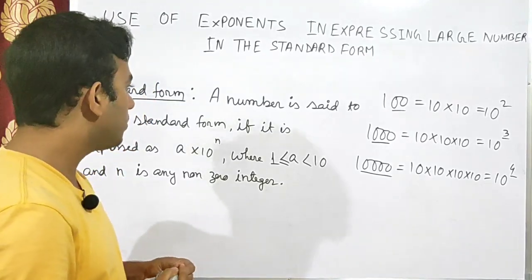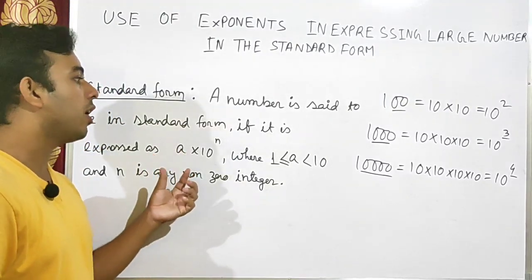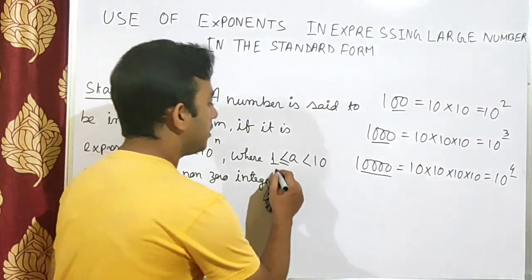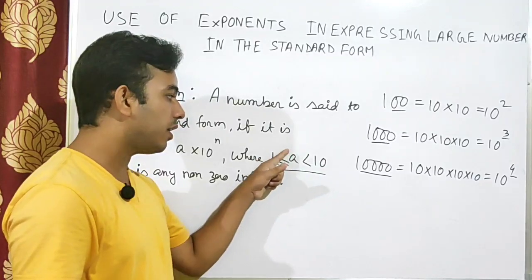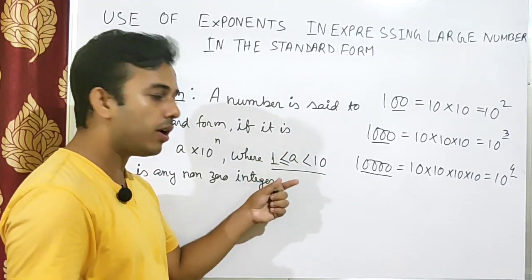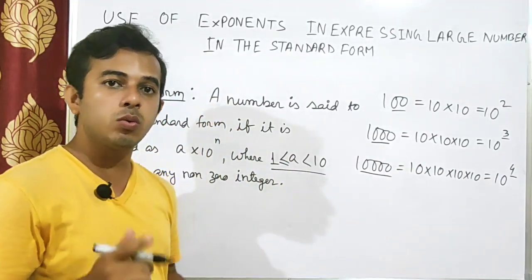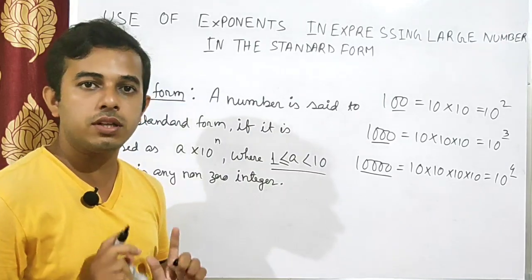So a number is said to be in standard form if it is expressed as a into 10 to the power n, where a is, we will read this statement as, a is greater than or equal to 1. Clear? A will never be less than 1, isn't it?